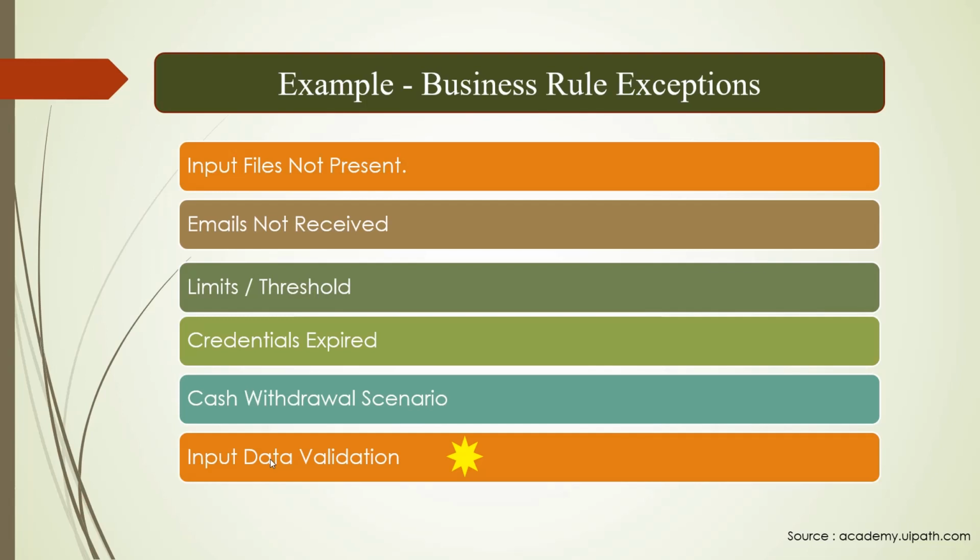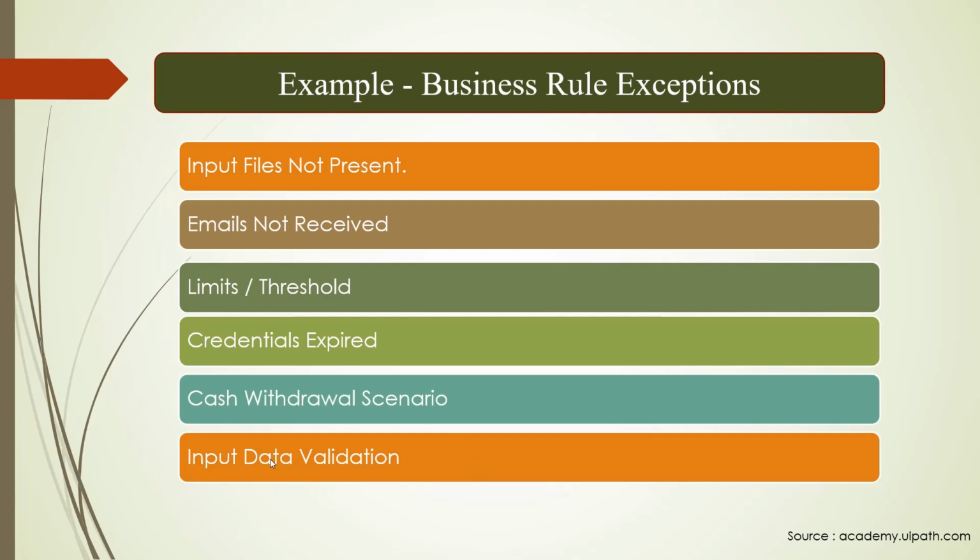Input data validation is simply that you are expected to receive first name and last name, and you are getting address 1 and address 2. That is entirely something from a robot point of view. It is not an error, it is not a system exception. This is something which you as a developer have to take care of, and in all of these scenarios you will raise a business rule exception.